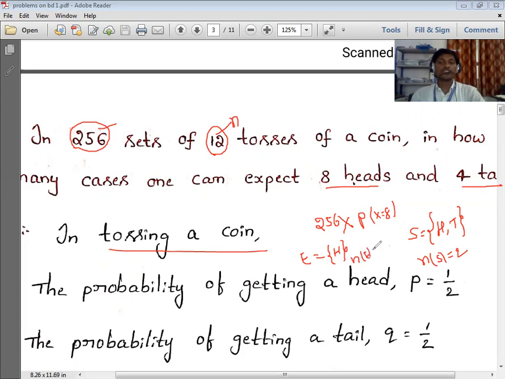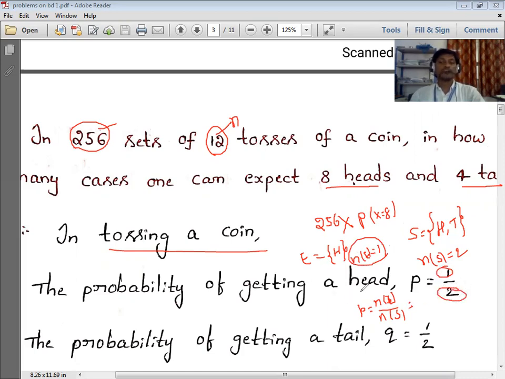So n of S is equal to 2, n of E is equal to 1. Simply we can write P is equal to n of E by n of S. n of E is 1, and n of S is 2, so 1 by 2.